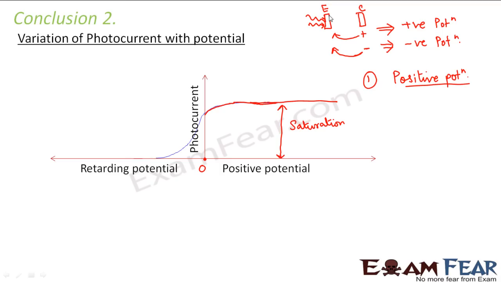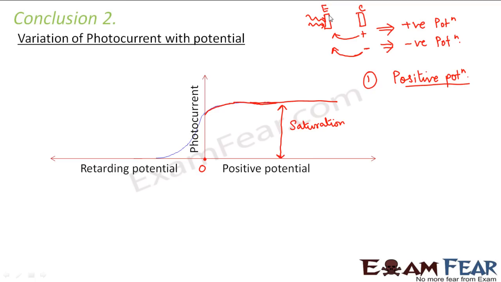A time comes when all the free electrons of the photosensitive plate have already moved towards the collector. In that case, even if you keep increasing the positive potential, there is no point. There are no more photoelectrons to flow. Therefore, the current saturates. It cannot increase beyond that.